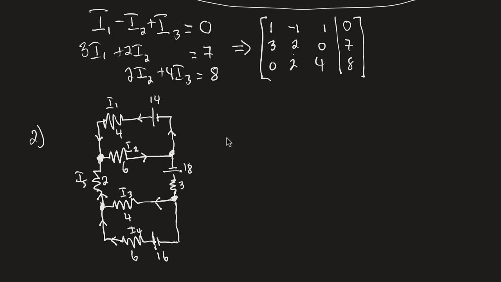So let's do our nodal analysis. If we label them, like I said, this network has 4 nodes: 1, 2, 3, 4.